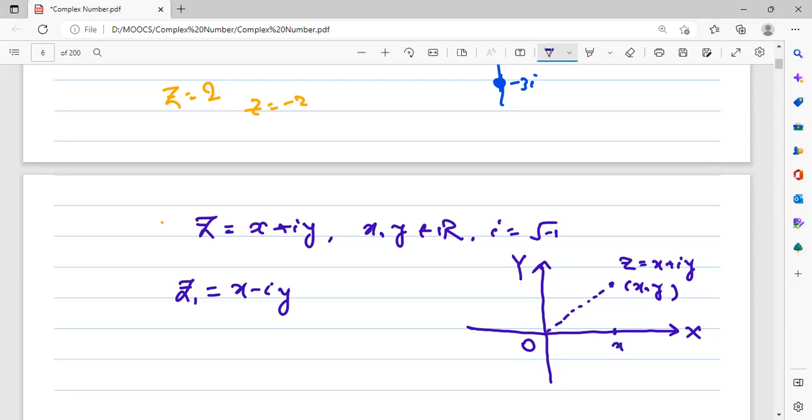Here is x, and for this complex number z1 we get the coordinate (x, minus y).